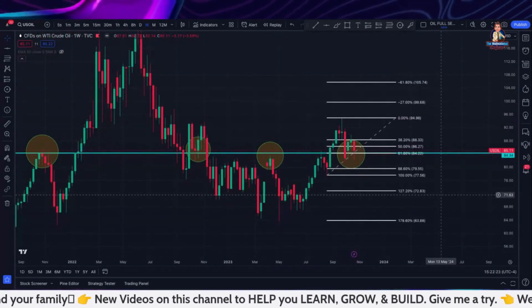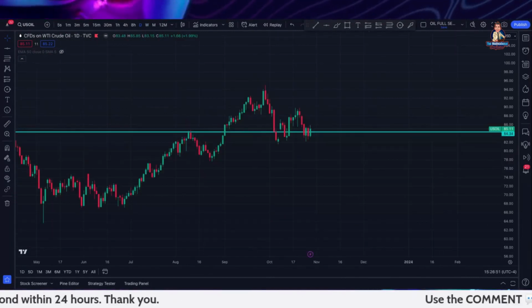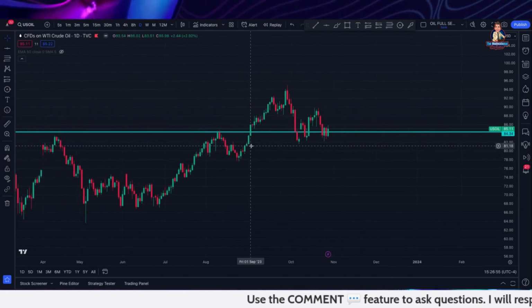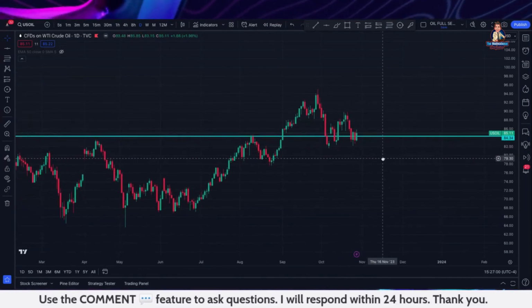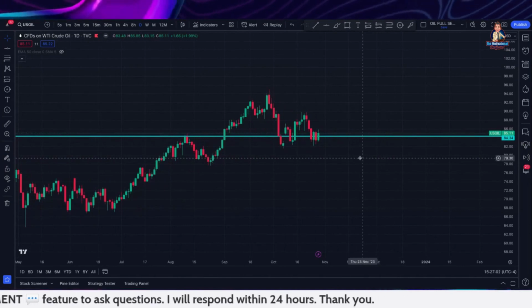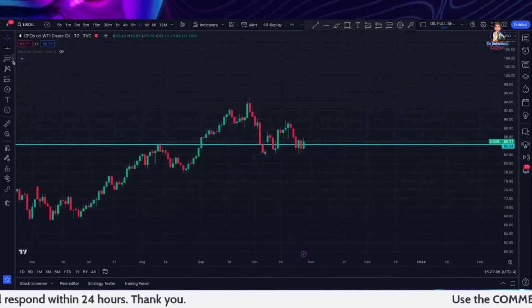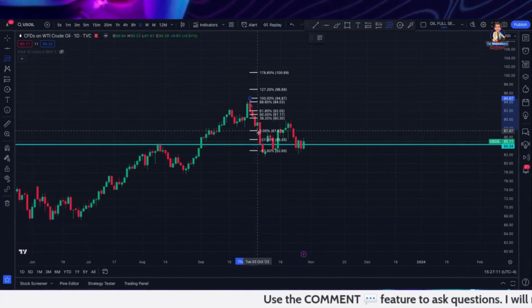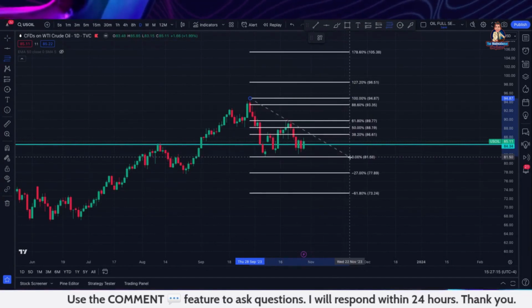Now I want to jump into the daily time frame. Okay, so now we are sitting on the daily time frame, and we've got this area marked up that we found in our monthly time frame. Taking a look at the last couple of weeks of price action, if you've been on my channel for a while, we continue to harp upon how important 90% of this is just support and resistance.